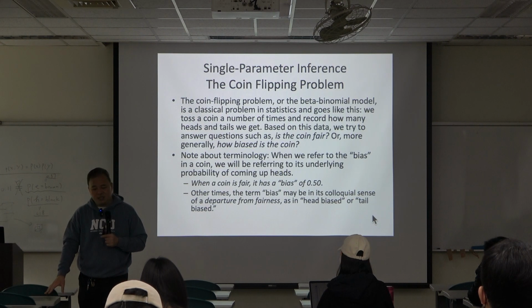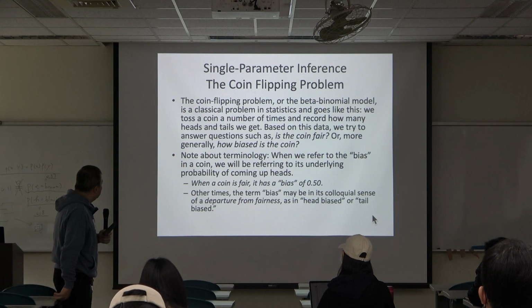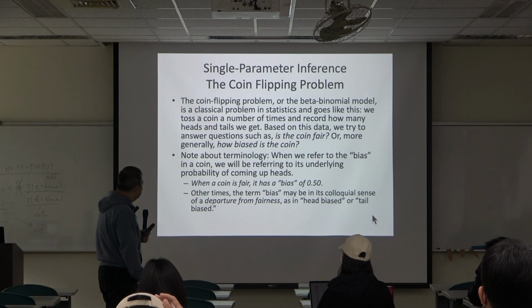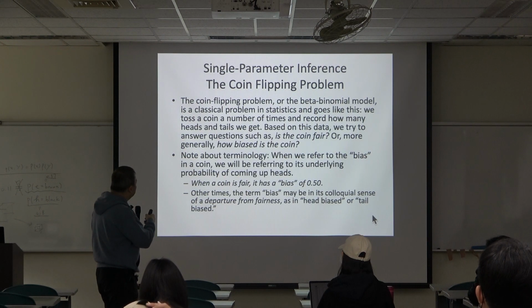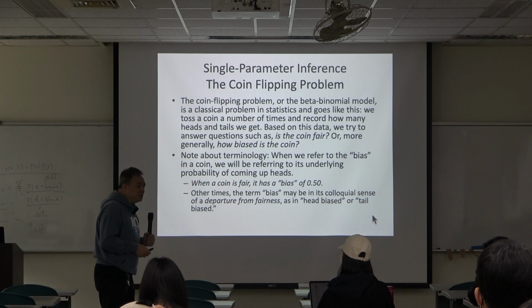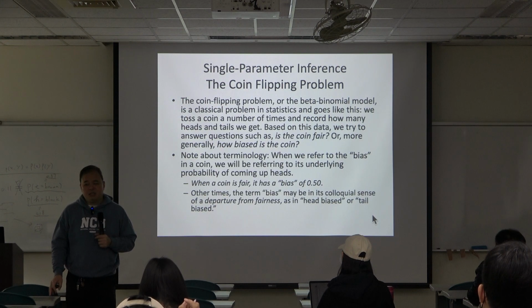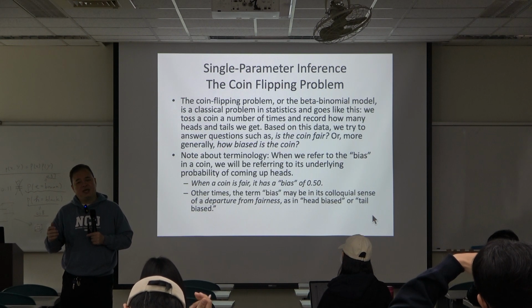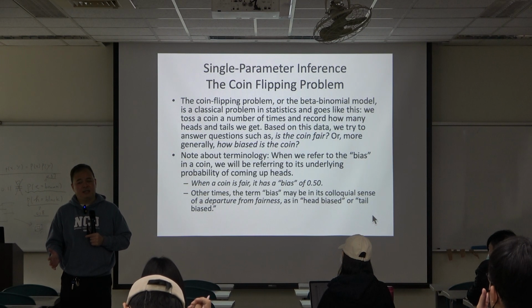The second meaning is, for example, how biased the coin is. It actually refers to the probability of the coin flipping head.